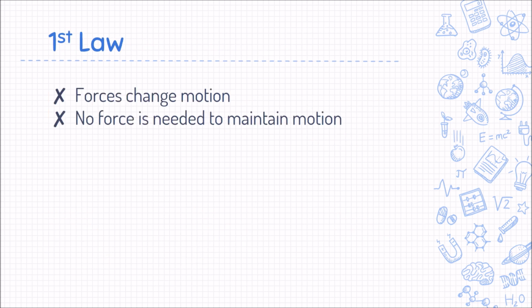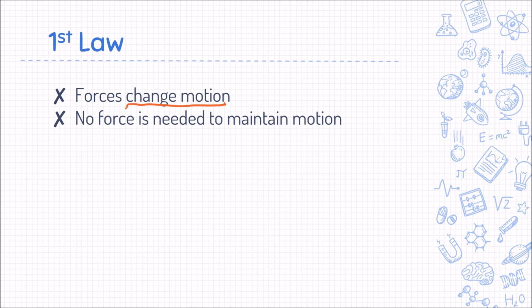So to summarize, Newton's first law is that forces change motion. We've already seen that. So anytime there is an acceleration, that's a change in the motion. Forces cause change in motion. Forces cause acceleration. The second part of the first law, no net force is needed to maintain motion.